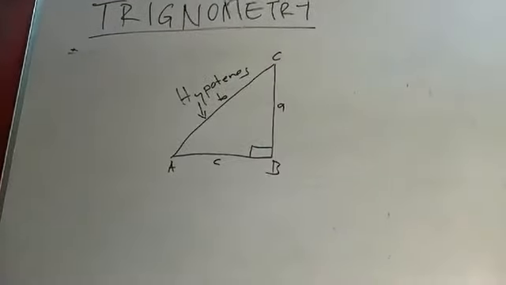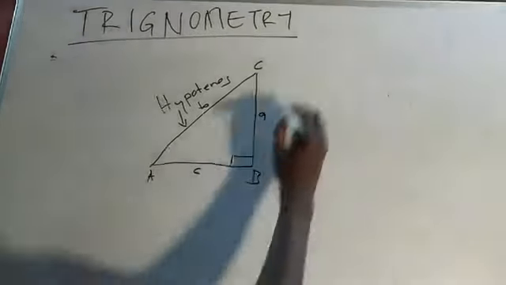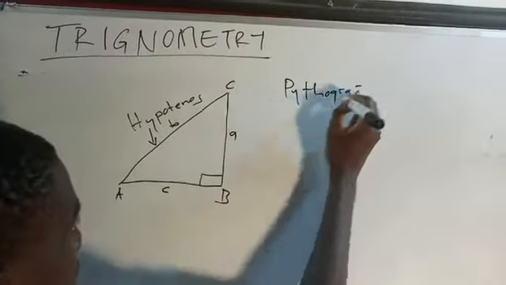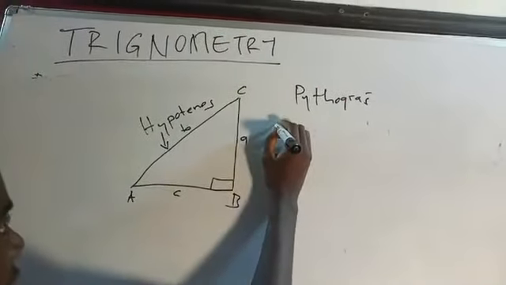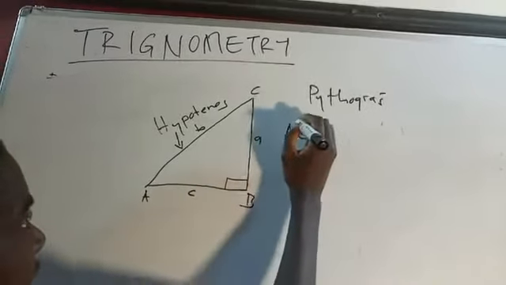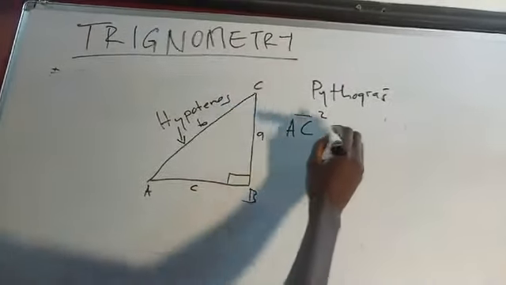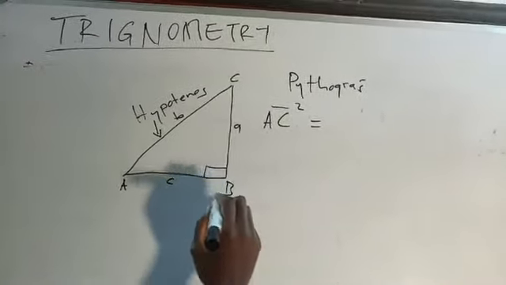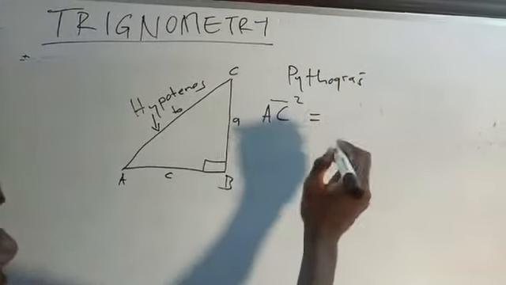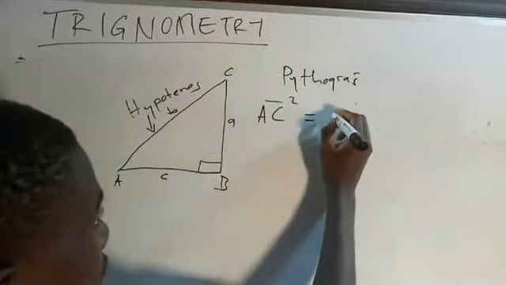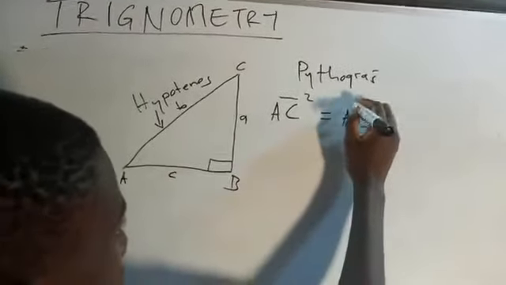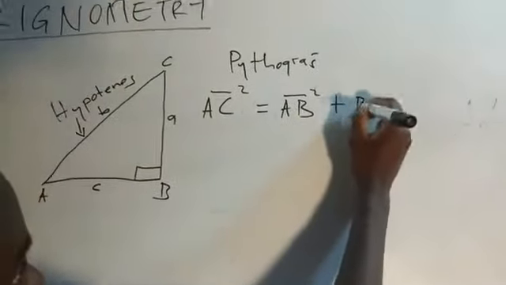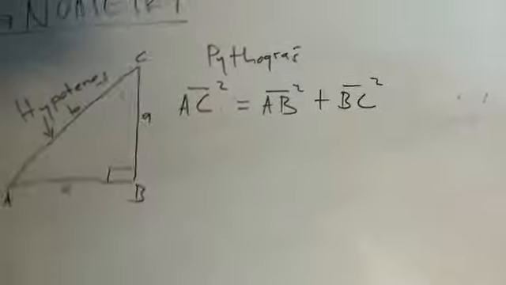So the Pythagoras theorem states like this: side AC squared will be equaling to the sum of squares of sides AB and BC, which will be side AB squared plus side BC squared.